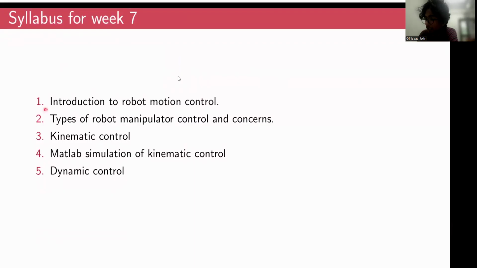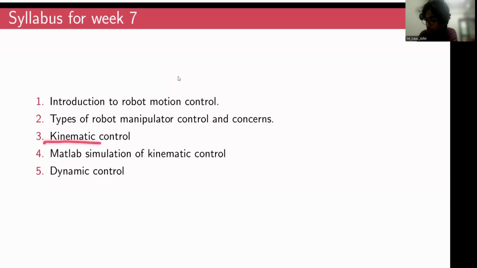We've had a brief introduction to robot motion controllers, through the lectures uploaded in NPTEL. Then we have also seen various types of manipulator control and their concerns. In case of certain implementations, there are some initial conditions that have to be enforced for the controller to work.